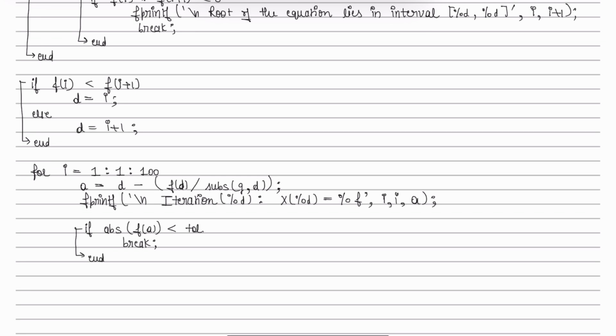Otherwise, we will update the value of d as a and continue the for loop for the next value of I.